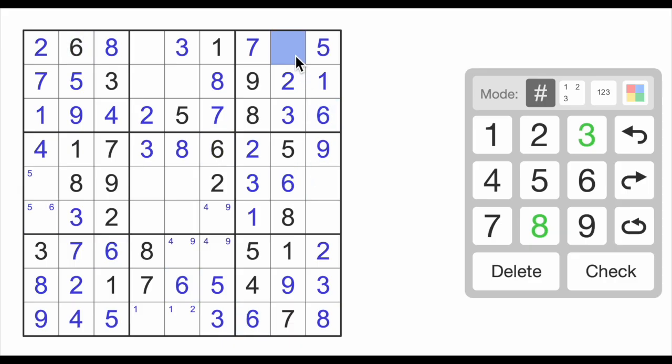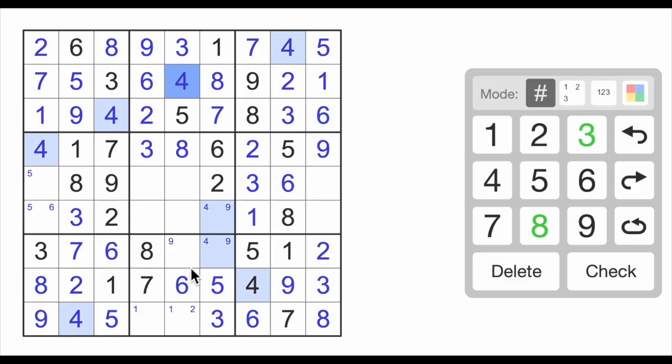The last number of this column is 4, and the last number of this row is 9. And these are down to 4 and 6. Here's 6, which makes this cell 4, and this will be 6.